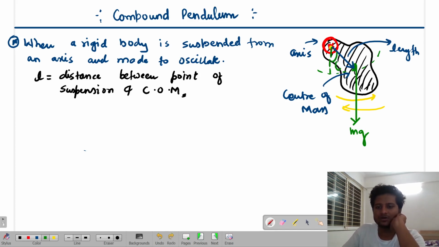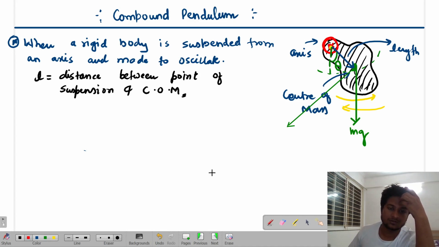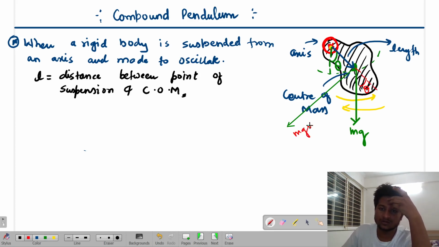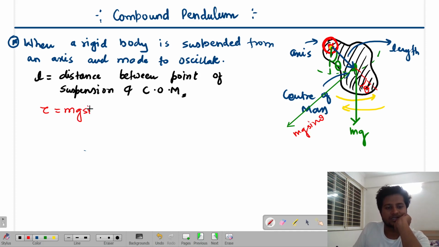The center of mass is basically a position, not a force. If this is theta, then once again the torque of the mg sin theta will try to oscillate it. Is that clear or not?